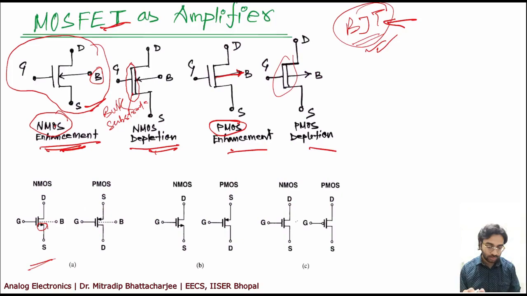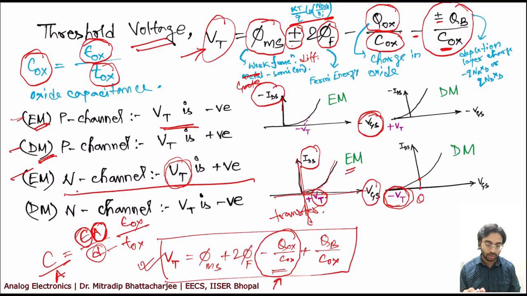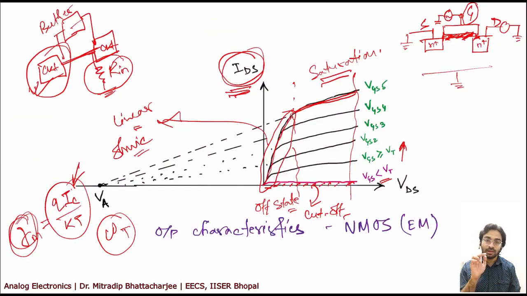So in case of BJT, you are getting higher gain, higher bandwidth, and also, as your IC is higher, higher power. The power is also higher, right? So you are getting all three high.